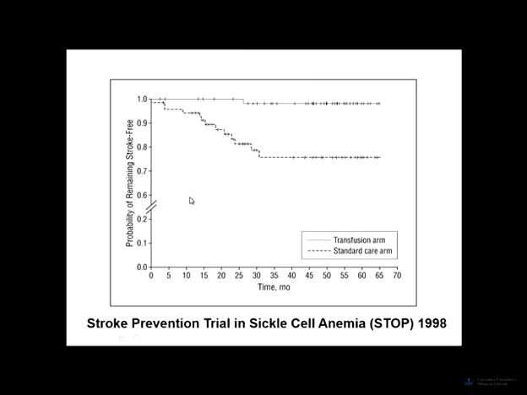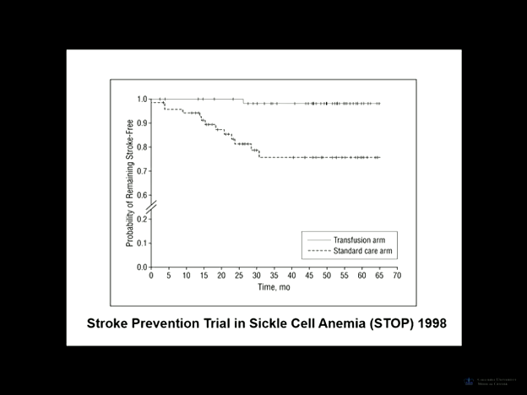And then when they looked at the children who had high flow through those arteries, they did a controlled study using a cutoff of high flow. And children who had high flow were either randomized to regular or standard treatment for sickle cell, or they were randomized to transfusion. Red blood cell transfusion, because you're replacing the blood with normal hemoglobin A, prevents all of the complications of sickle cell disease.